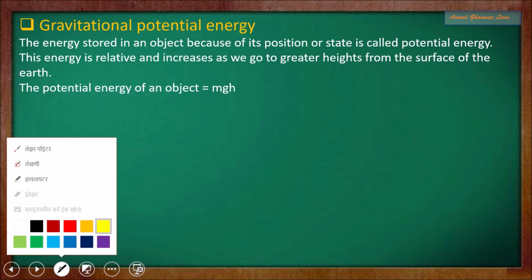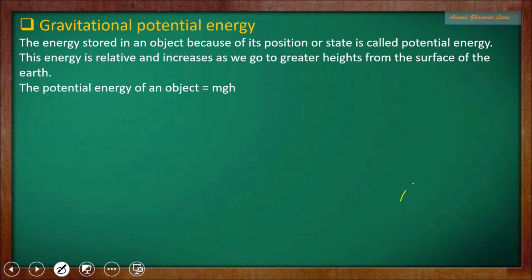Let us see in the figure. So object is at a certain height from the earth's surface. Now mass of the object is m, and at the certain height the acceleration due to gravity acting on that body is g. Height of the object from the earth's surface is h. So mgh is the formula for calculation of potential energy of an object.